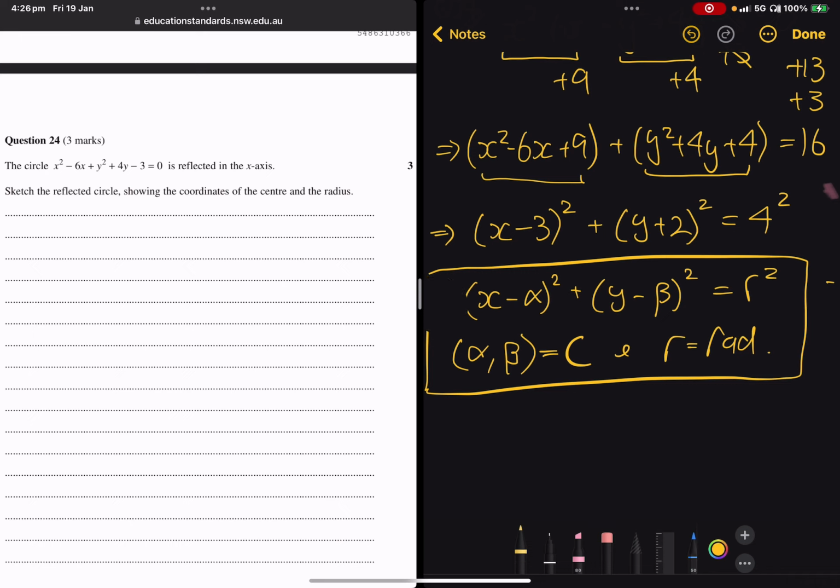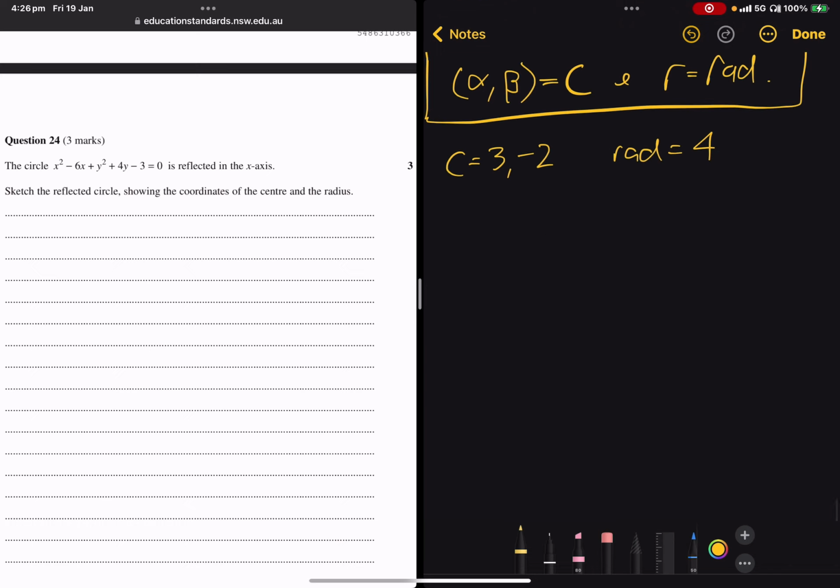This is known information. You will have encountered this typically in year 11, and then again it's introduced in year 12. So in the circle we have, the center is going to be at 3, minus 2, and the radius is going to be equal to 4.